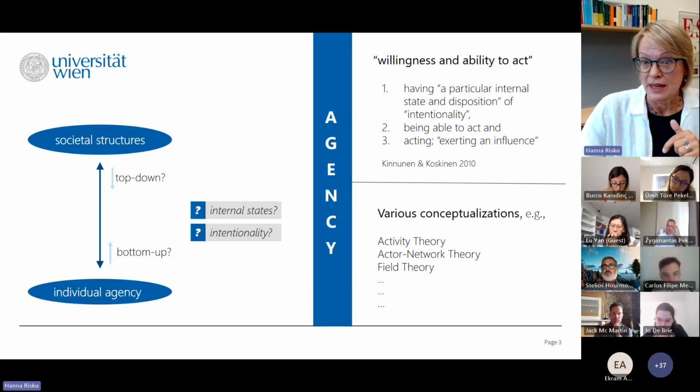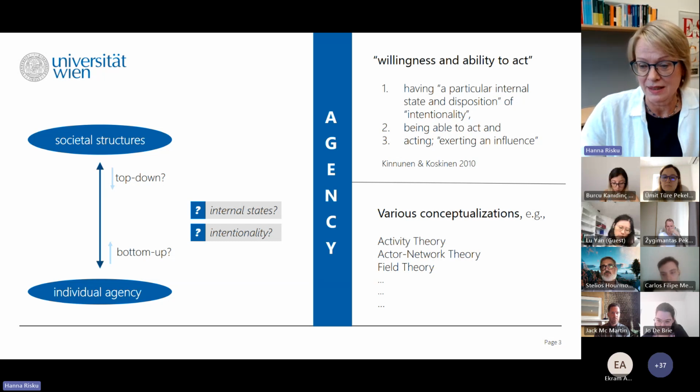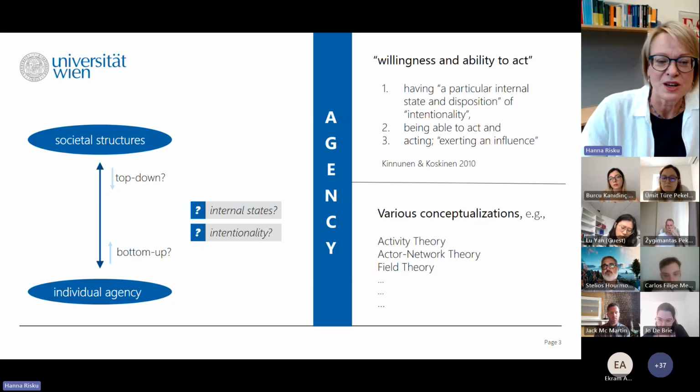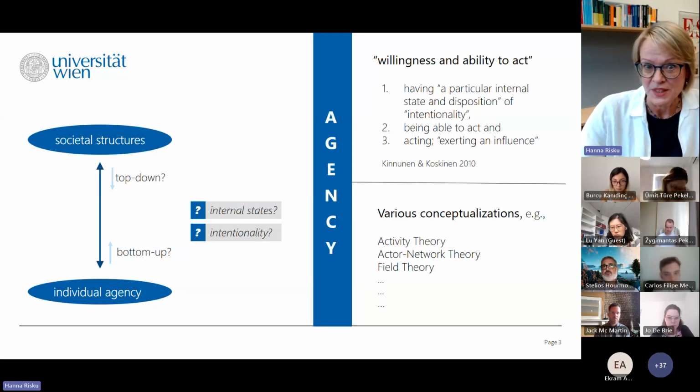Other scholars, on the other hand, like Bruno Latour, see agency in all action. So according to the actor network theory, ANT, agency is the ability to act with or without internal dispositions, and whether the action is intentional or not.